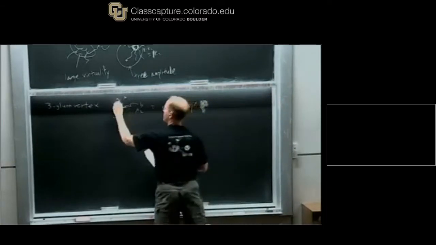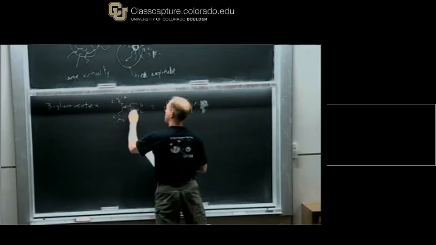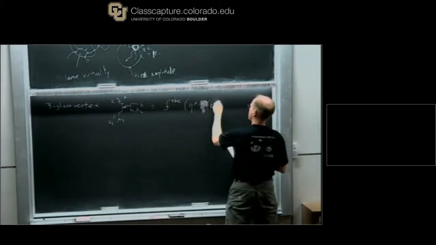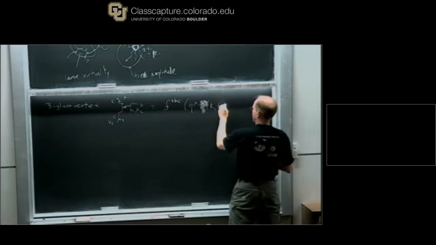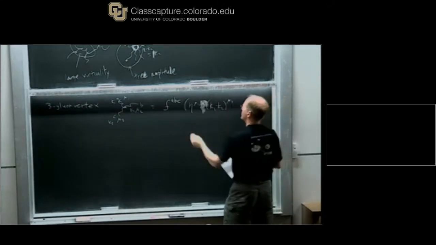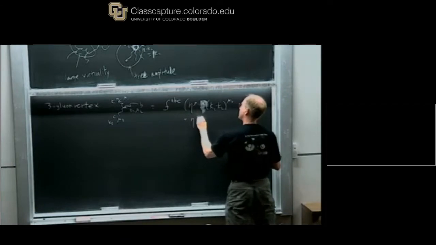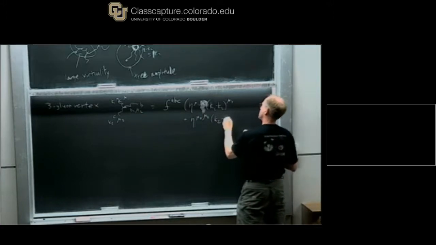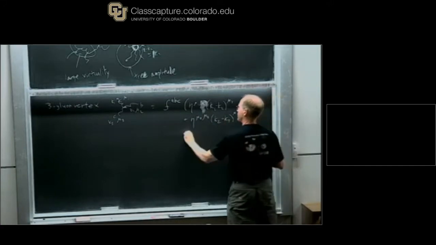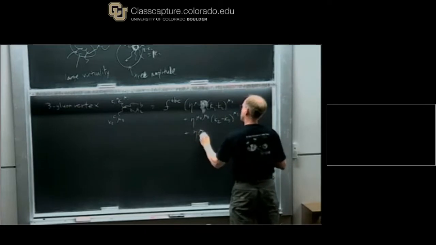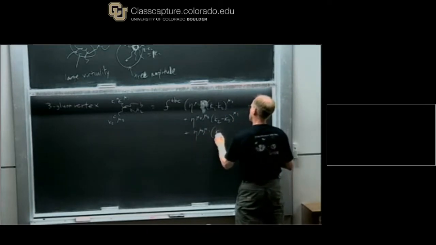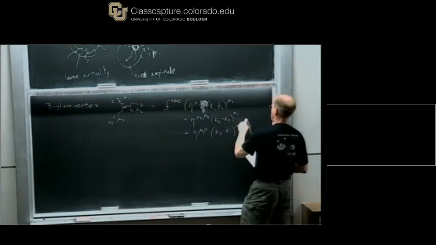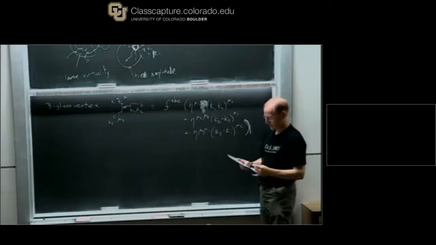And if this is K1, K2, and K3, it has another term that takes K1 minus K2 and gives it mu3. And then it has a few more terms which are related by cyclic symmetry. So that's the three gluon vertex.